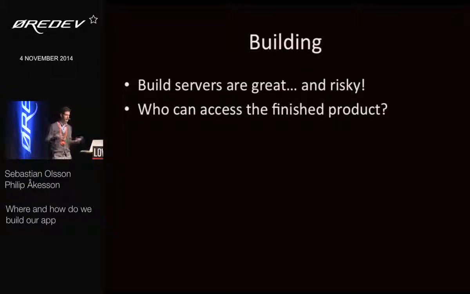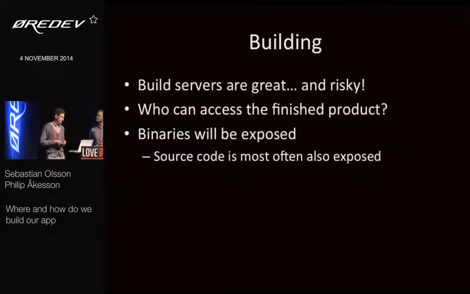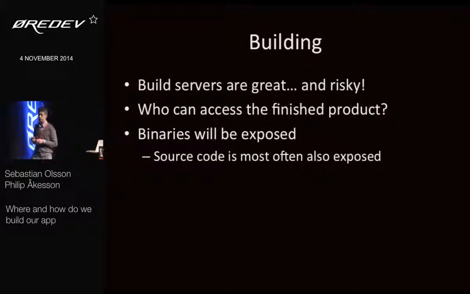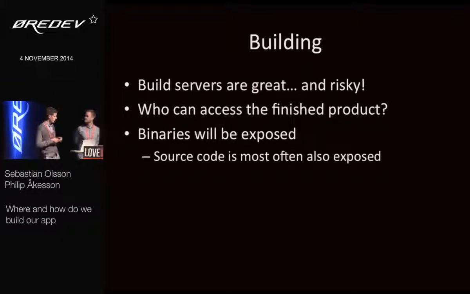Can everyone in your company log on to a build server and get all different kinds of stuff from that, maybe even source code? And depending on what your project is, exposing binaries might not be a big problem, but if you're developing a web app that's deployed internally, you might want to restrict access to that.